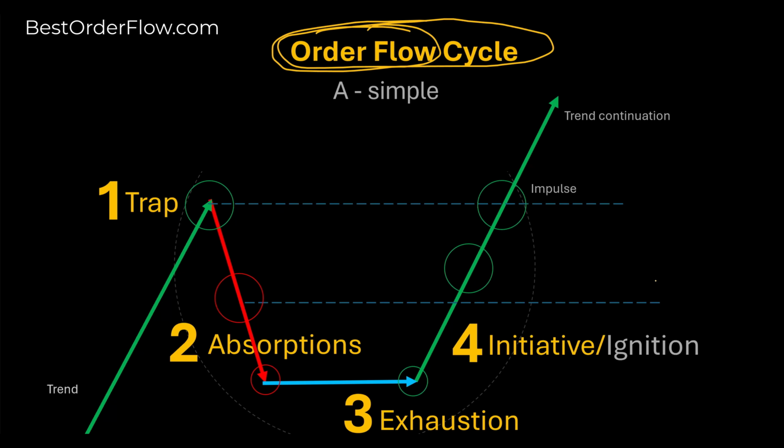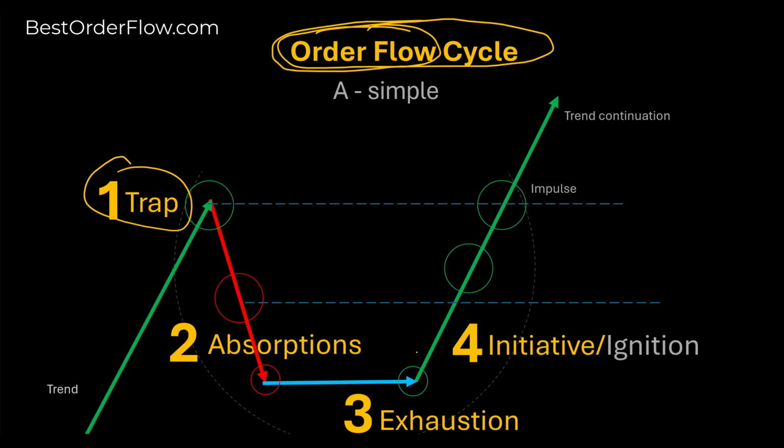Why it is a really good idea to understand the cycle: with this ideal cycle right in front of you, you will understand the four major stages of the order flow cycle. Stage 1, stage 2, stage 3, and stage 4.